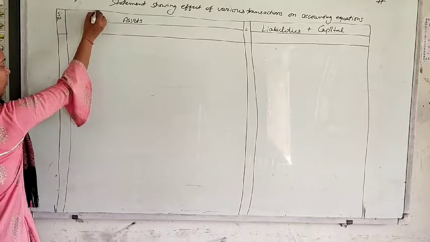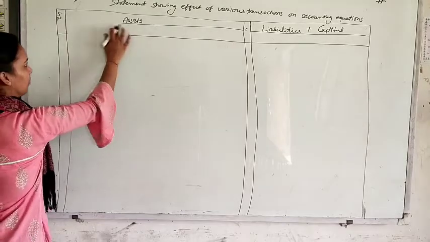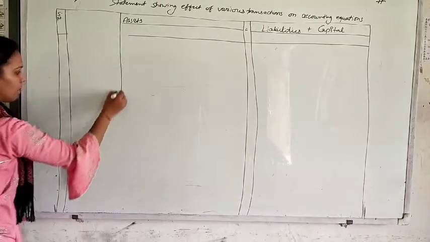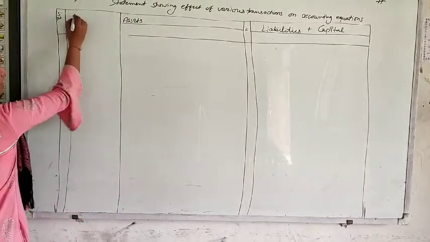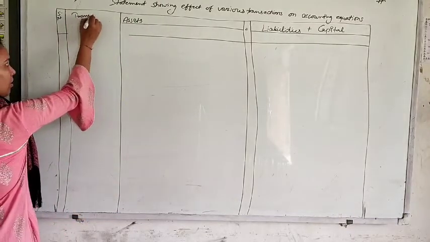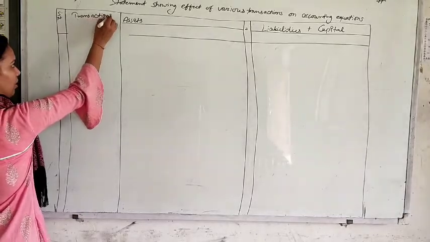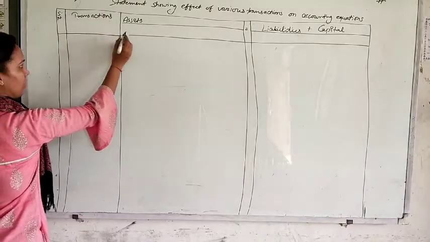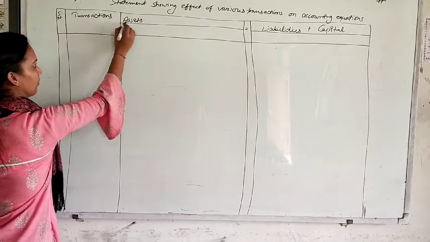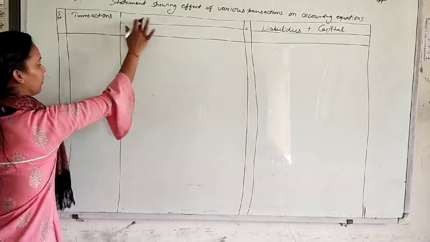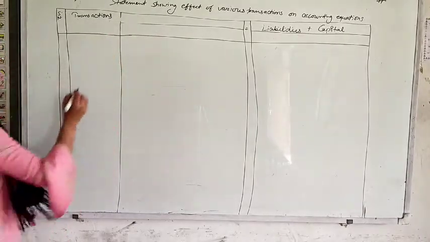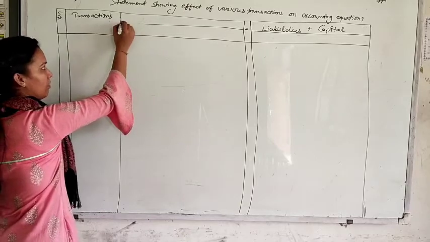Then the second column will be for transactions. We will write the transactions here, as given in the question. First column is for serial number, second column is for transaction.